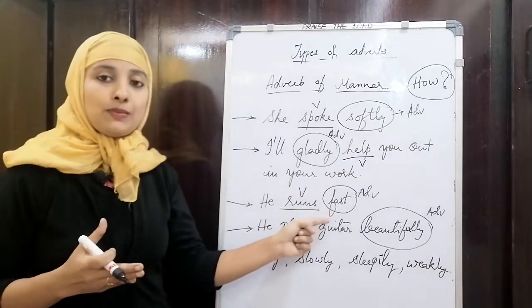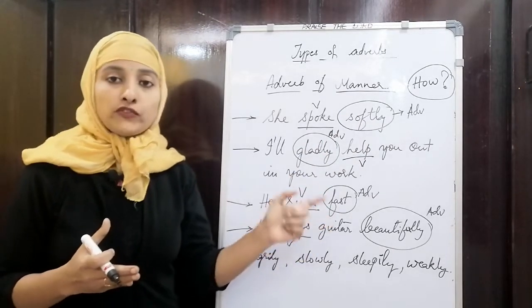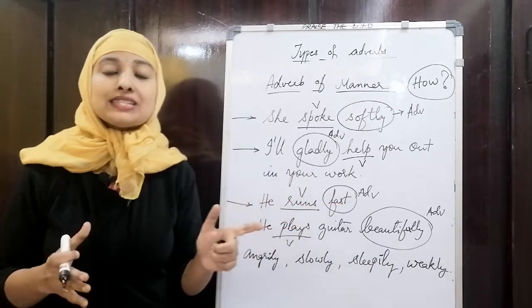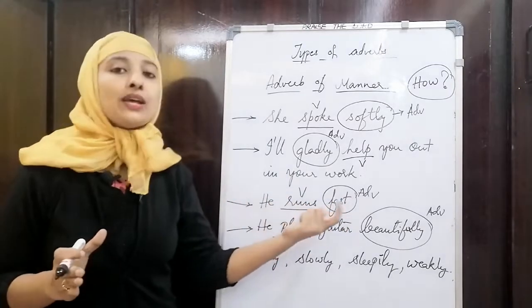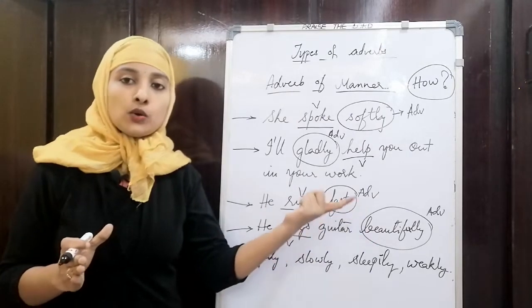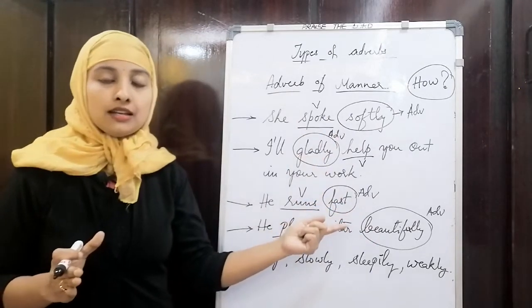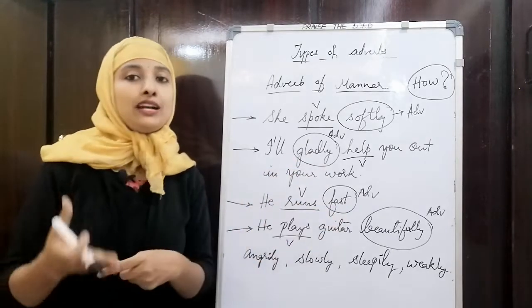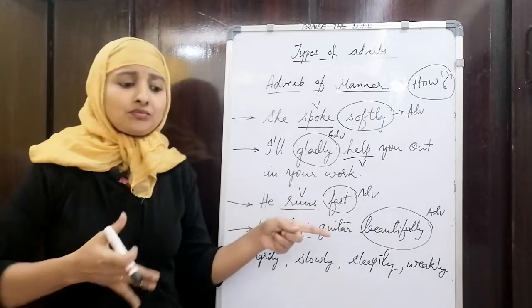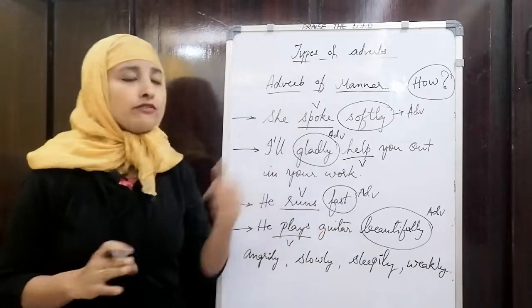But you can ask me, why is it not fastly? For fast, hard, bad and all, we will not be using ly. It will be fast, hard, bad. Okay. He runs very fast or he runs fast. But you won't be using fastly or hardly. It is not hardly. Hardly again gives a different meaning. Okay. Right? Understood? This is adverb of manner.